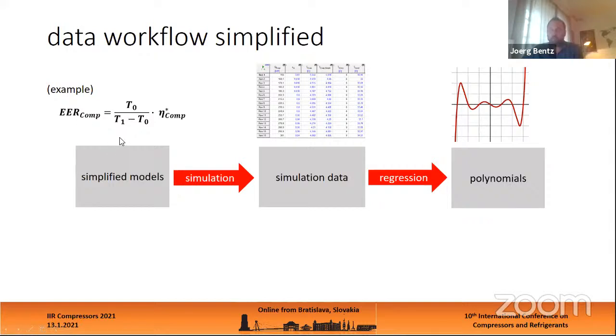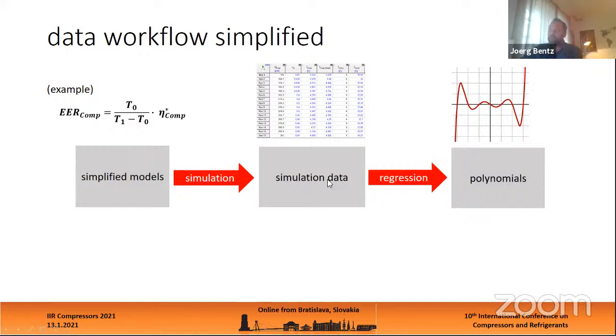Of course, for each component we have some models: for the chillers, for the heat rejection, for the pumps, for the storage, etc. We take those simplified models and start the simulation across the whole designated area of operation for the system components, which leads us to a simulation database.